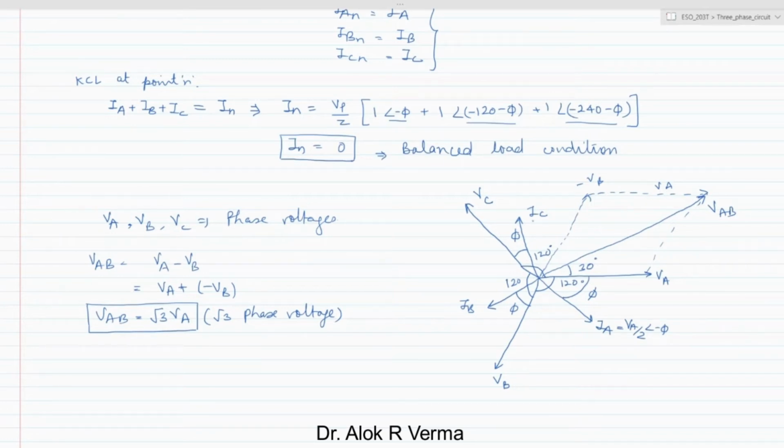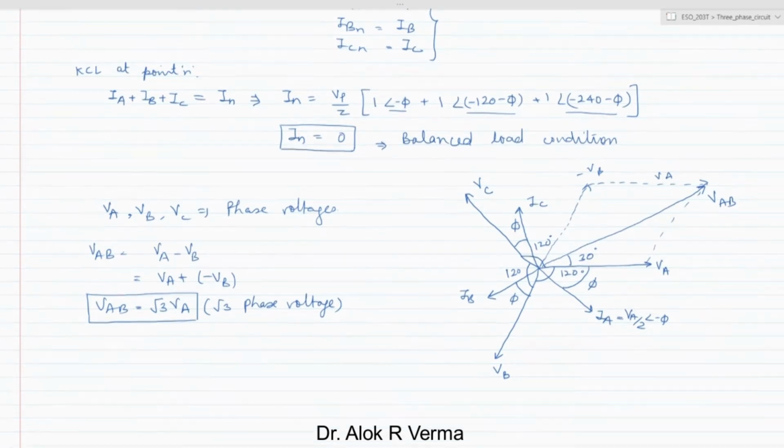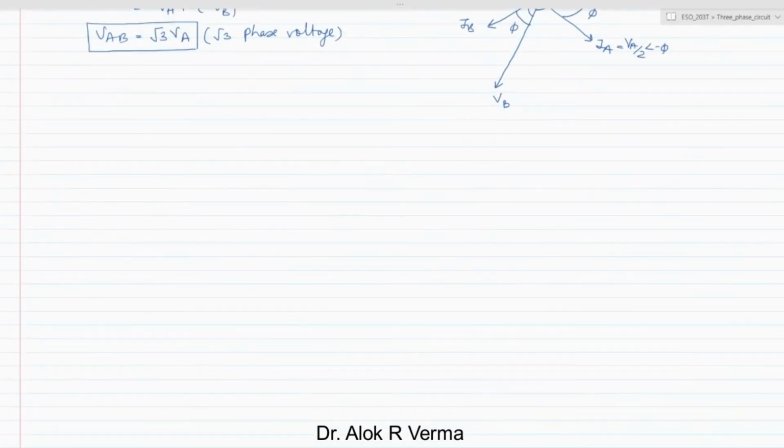Now for the load also I have drawn the current. So now let us see a delta connection balanced load. Quickly, if you see the delta connection of the loads, okay, if it is connected to some three phases, we'll assume this is line A, line B and line C for the time being.